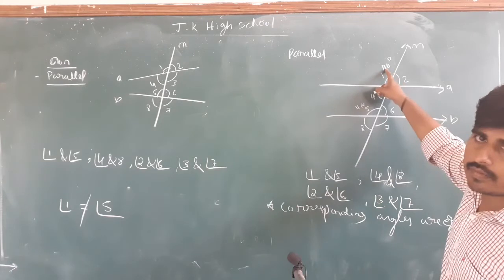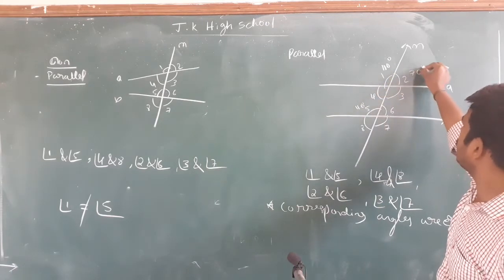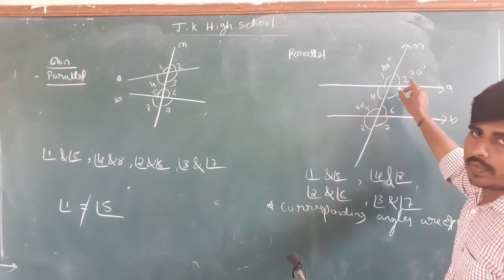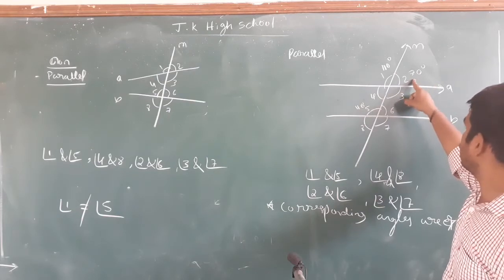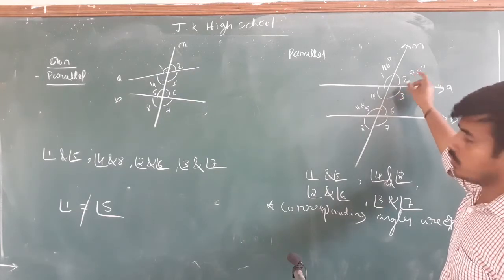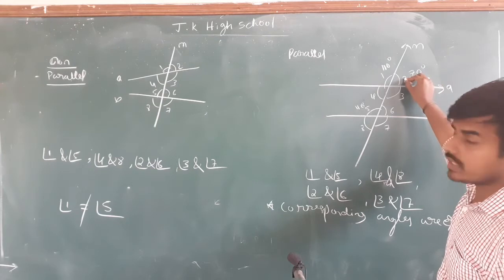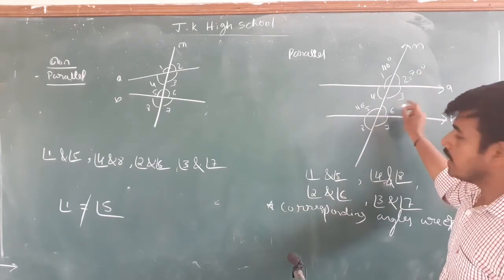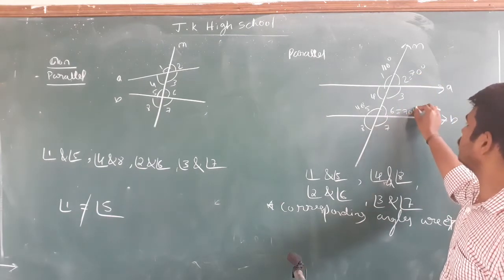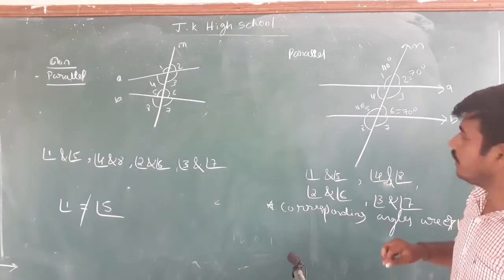If this is 110, this one is going to be 70 because the whole thing is 180. If this is 70, angle 2 is 70, and 2 is the corresponding angle with 6, so 6 will also become 70.